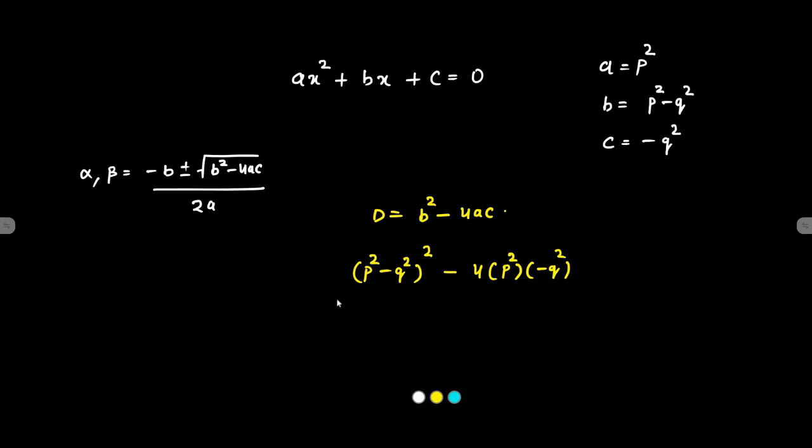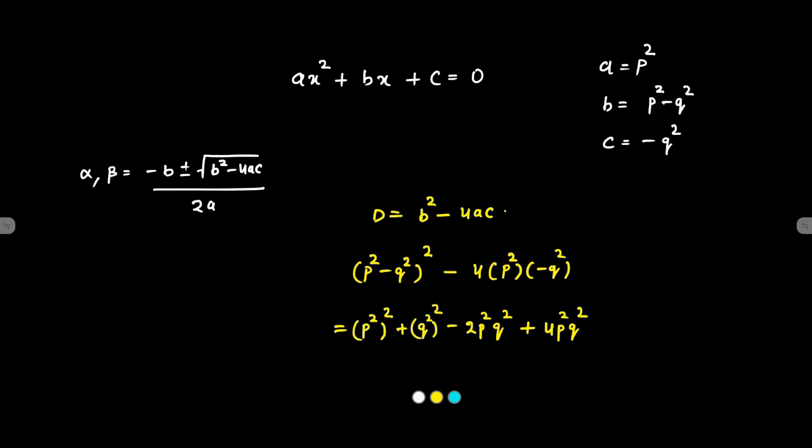Okay, so this is equal to p square whole square plus q square whole square minus 2p square q square, and this is minus minus plus, it becomes plus 4p square q square.